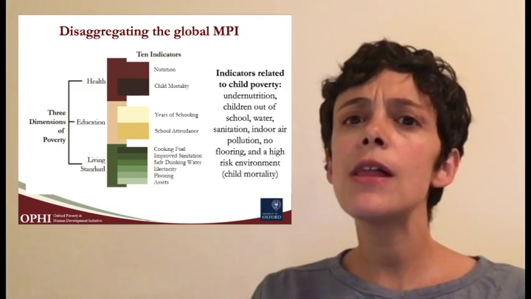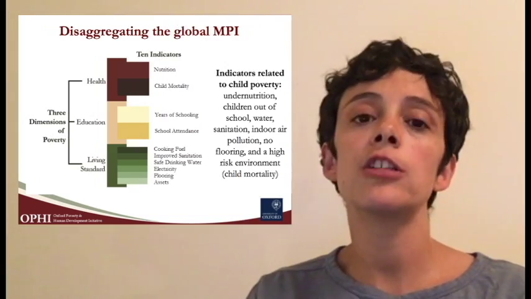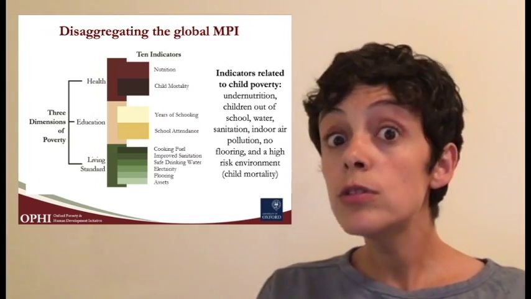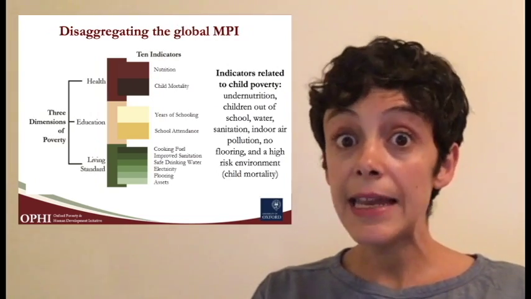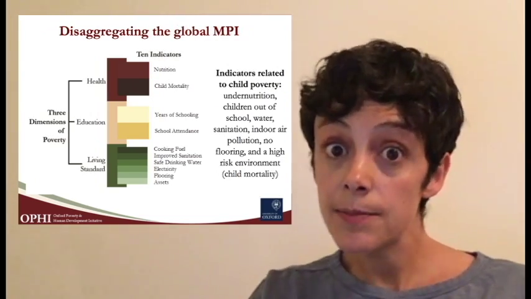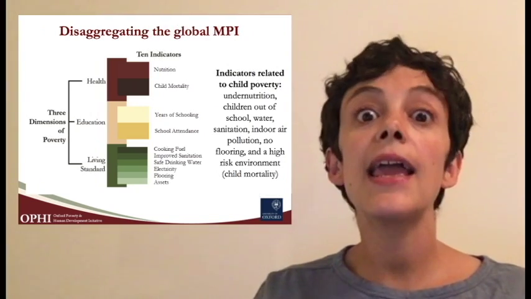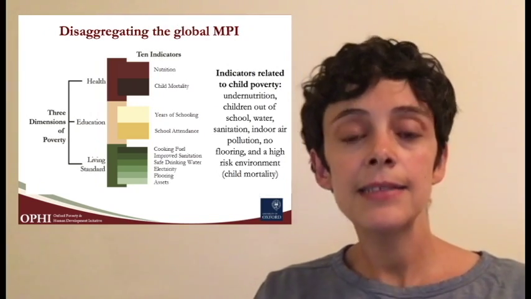Although the global MPI is a household level measure, as I mentioned, it includes indicators related to children. It includes indicators of children's achievements, like nutrition and school attendance.